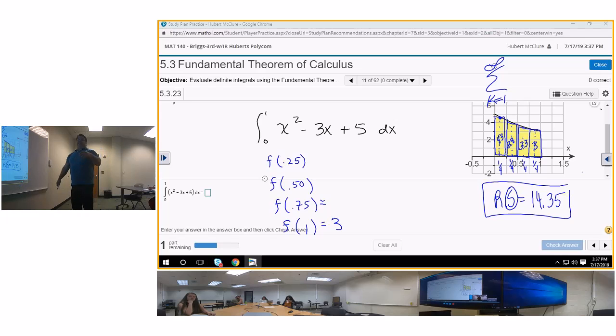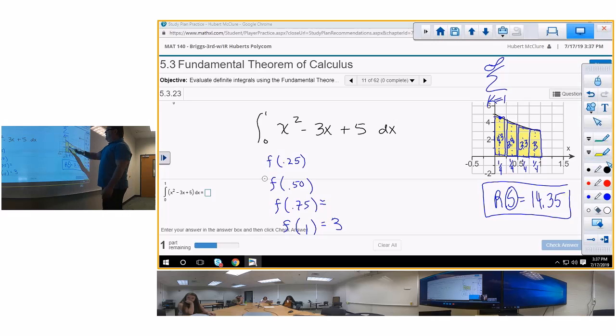Now, I did spend a lot of time going through the difference quotient so you would appreciate the derivative. But I'm not going to spend that much time on Riemann sum because 1, we don't have a lot of time, and 2, it's basically to show you how to appreciate the antiderivative. So we know by counting the yellow boxes that we got an area around 15.